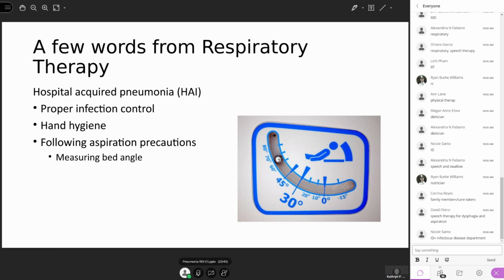She also said to understand how hospital-acquired pneumonia can become deadly when it results in sepsis, which we don't want, because our patients shouldn't get sicker in our care. She also wanted people to look at the angles of hospital beds. When we're talking about the head of the bed being elevated, where should it be? And is that truly where our patient is? Have they slid down, or is the head of the bed not elevated where it should be? That is the end of my commercial from respiratory therapy.